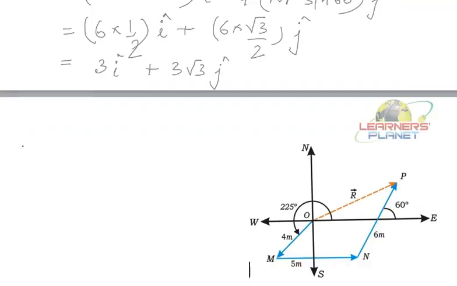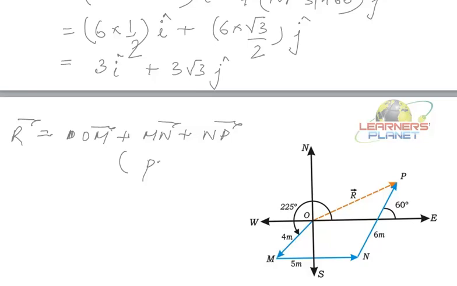Now the final vector R will be given by OM vector plus MN vector plus NP vector. This comes from the polygon law of vector addition.